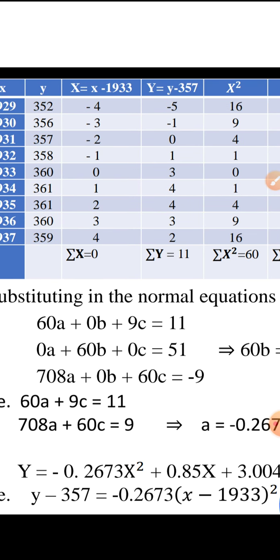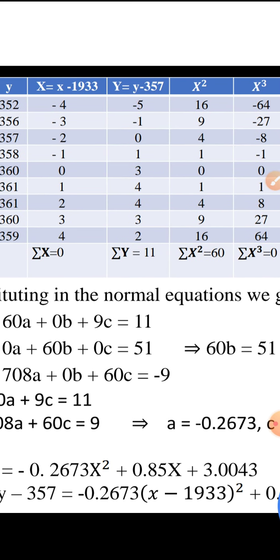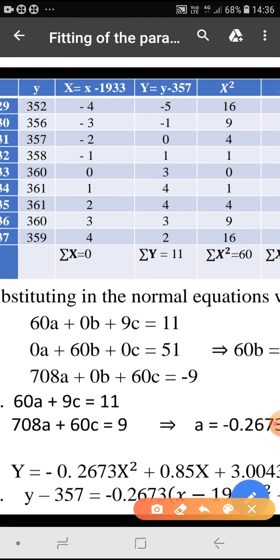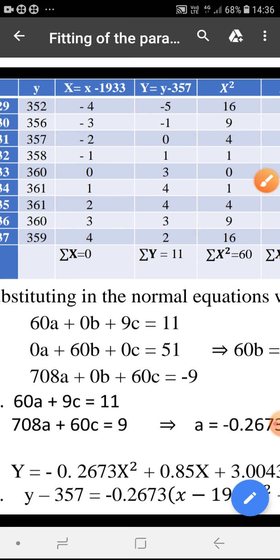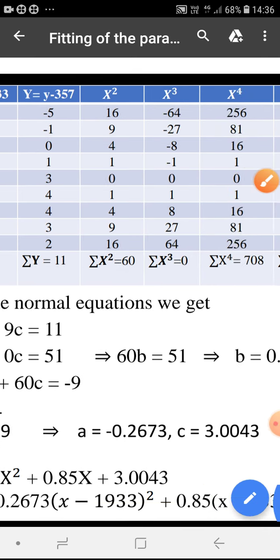Substitute the values of a, b, c in the equation capital Y equal to a into capital X square plus b into capital X plus c. Then in place of capital Y, you write small y minus 357. In place of capital X, write small x minus 1933.